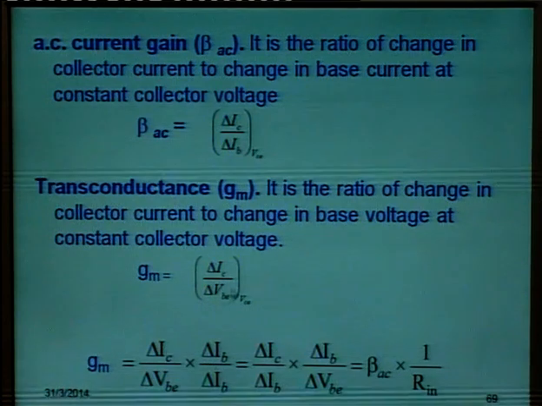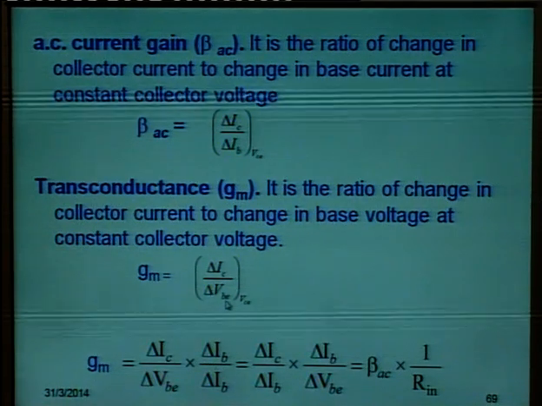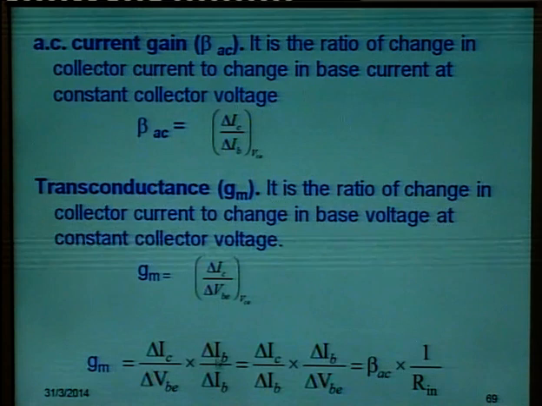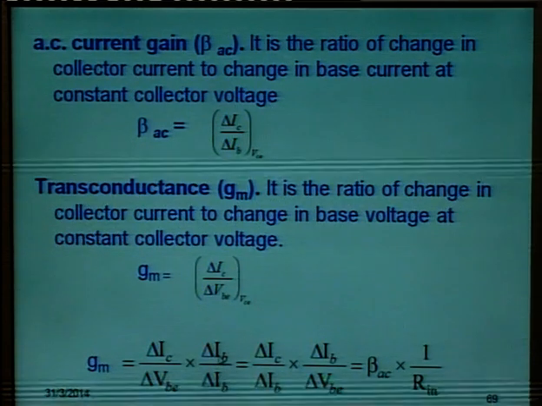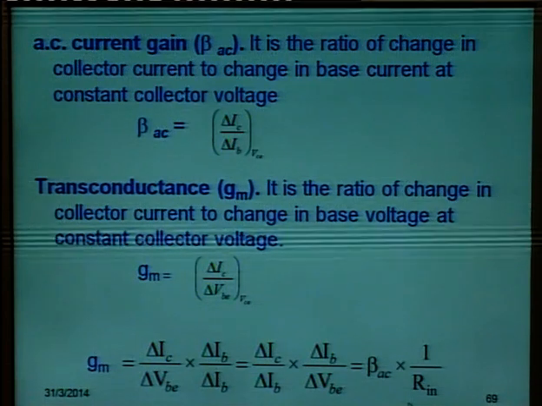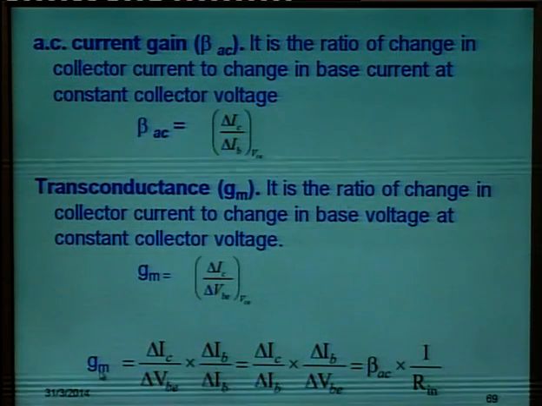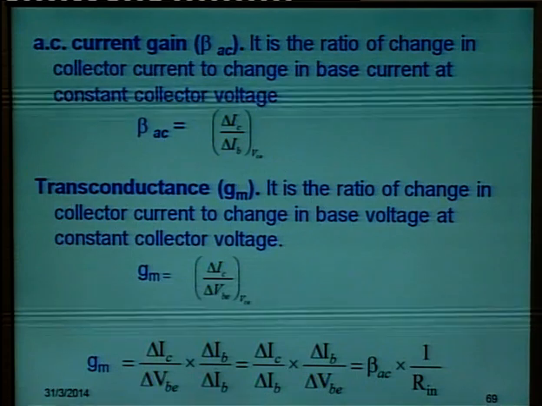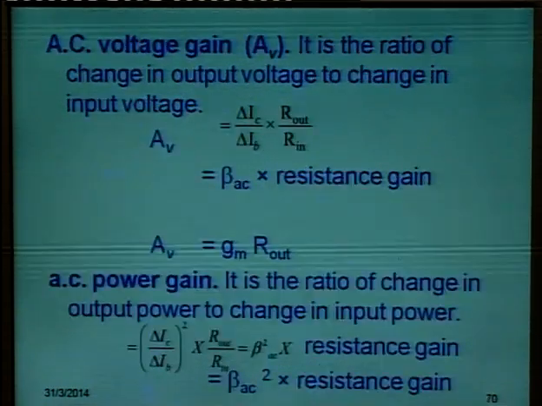So, delta IC upon delta VBE, multiply numerator and denominator by delta IB, you get beta AC into 1 by R input. So, relation between GM, beta and R input is that beta is equal to GM into R input.